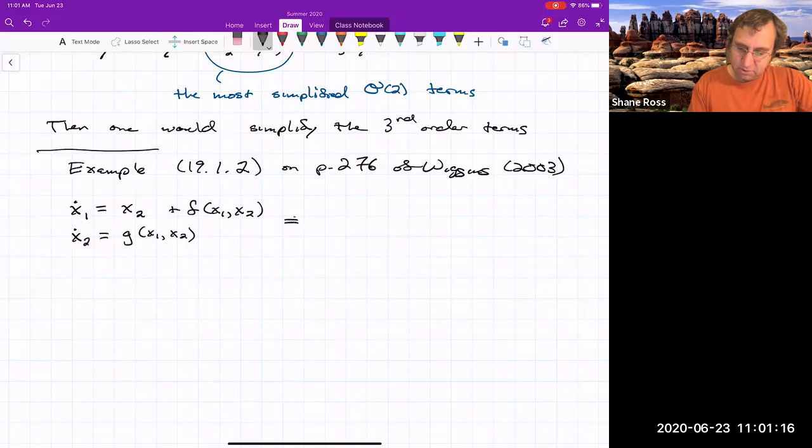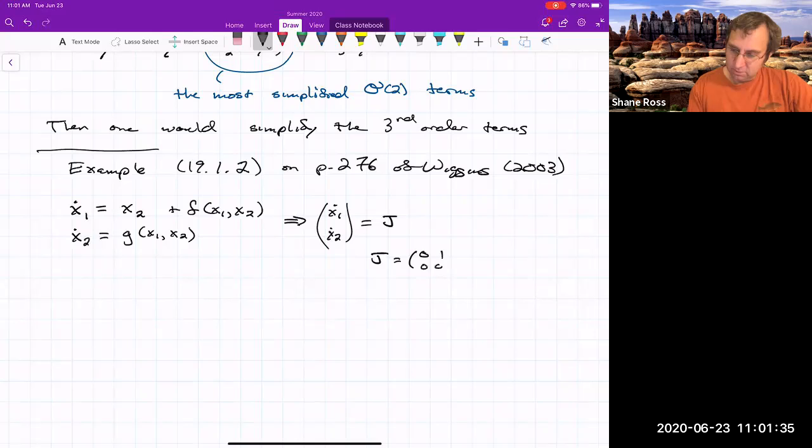And this is already in the proper form. So let's just show that. We have x1 dot, x2 dot written as a matrix J times x, where J here is [0, 1; 0, 0]. And then just put things like that.